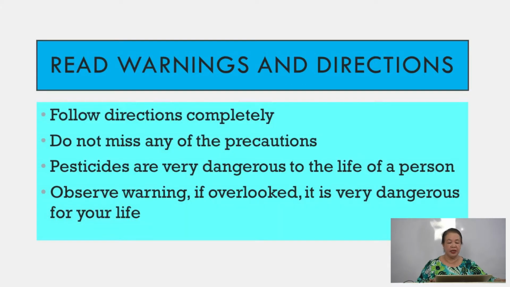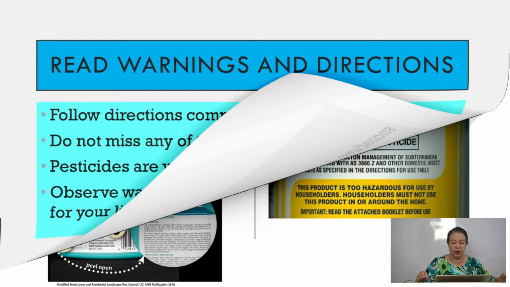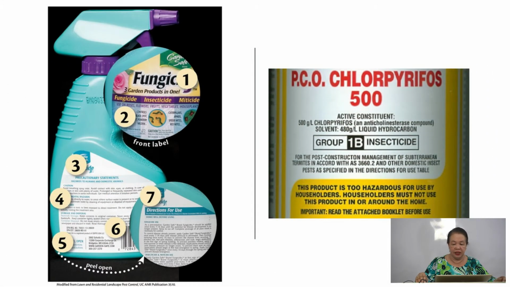Read warnings and directions. Once you receive the pesticides, try to look at the packaging. There are packagings that give you the warning signs and the kind of hazards they will bring, and then the steps on how to use the pesticides.